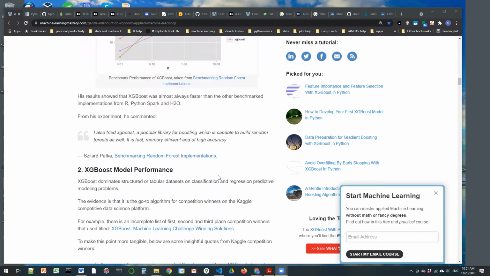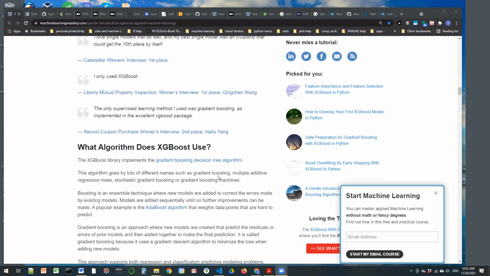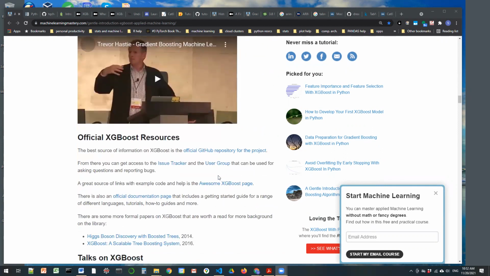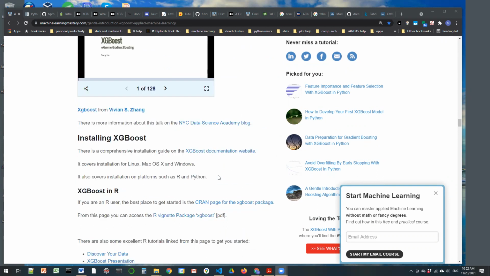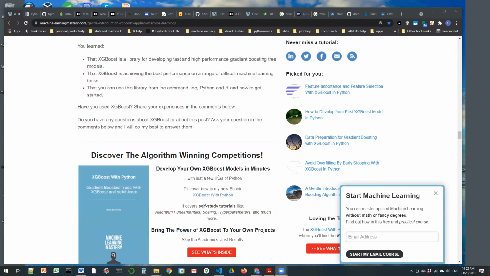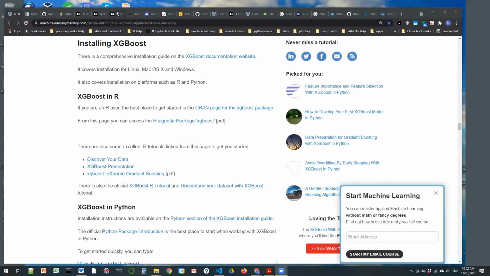It talks about what algorithm it uses and so on. And there are multiple of these. This is just XGBoost, but there are variants.